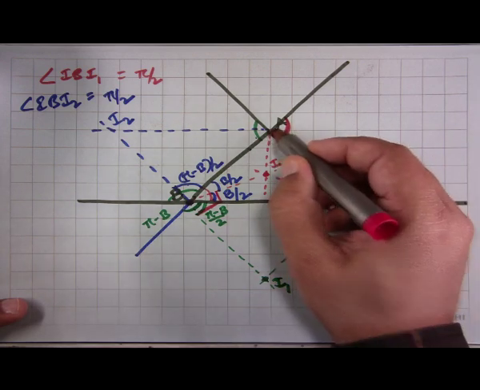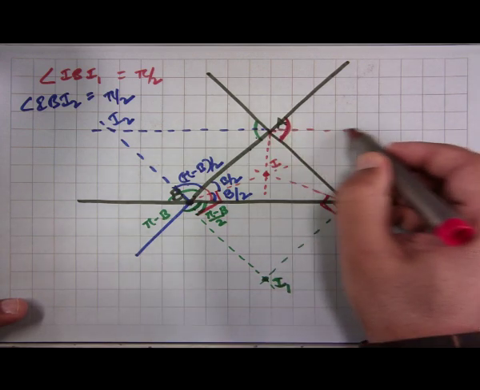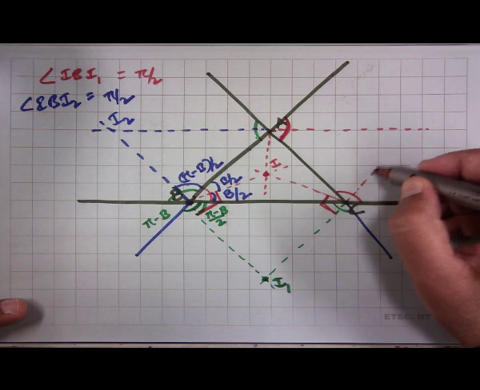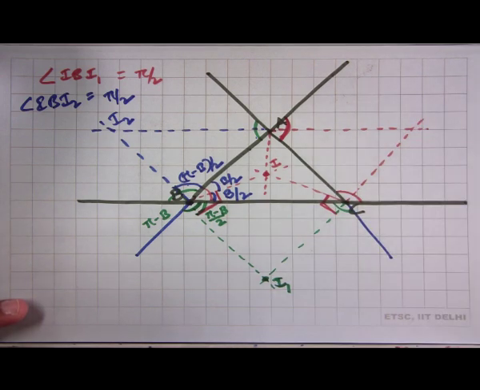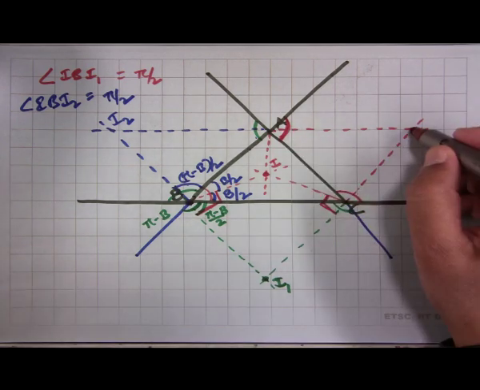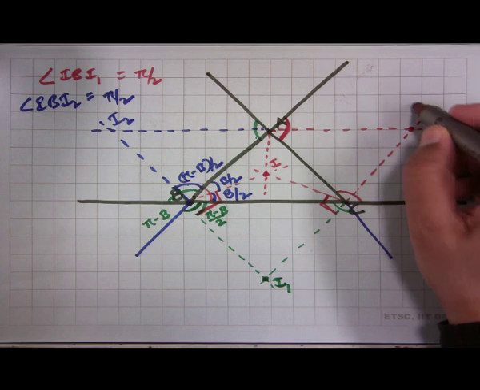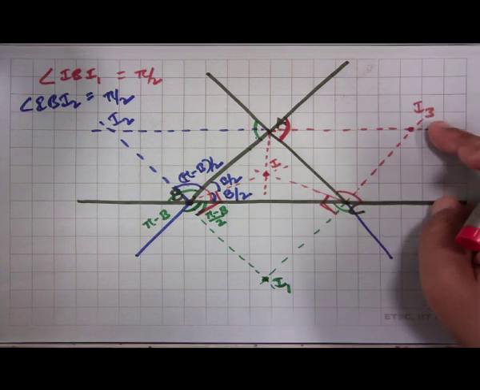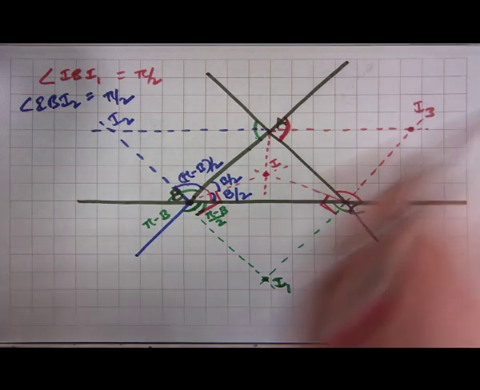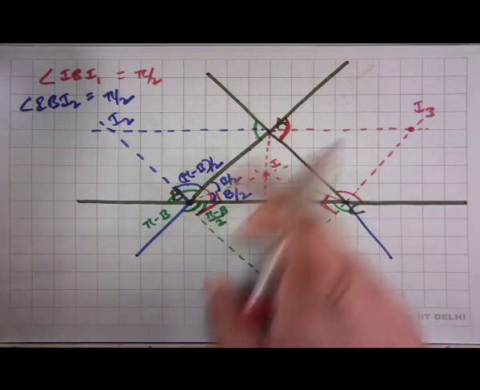I am drawing that with this red dotted line. These two red dotted lines are the angular bisectors of these two external angles, and they of course meet at a point I3, and this I3 is the center of the escribed circle opposite to the vertex B of the triangle ABC.